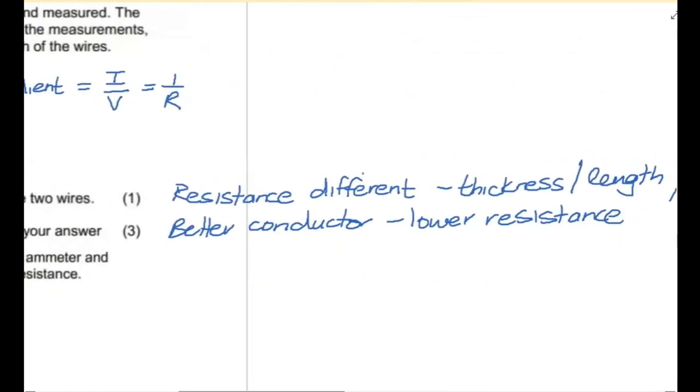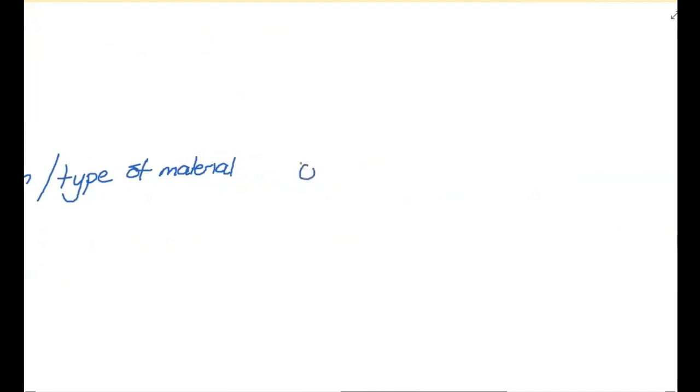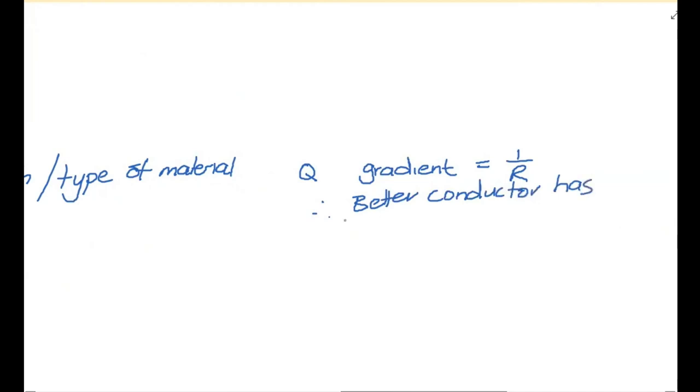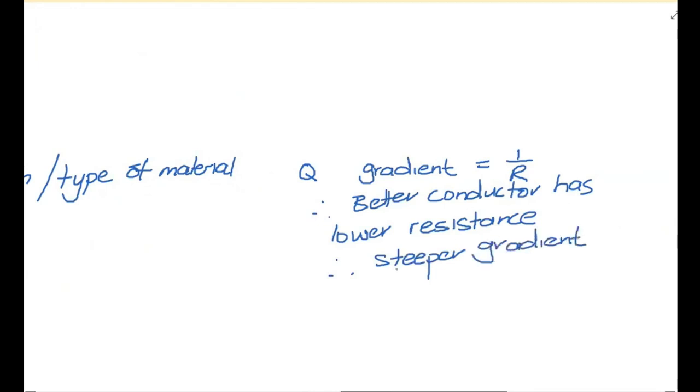So you would state that it's Q, and you would say that the gradient is equal to 1 over R. And you're going to have stated that a better conductor has a lower resistance. And therefore, the steeper gradient will have the lower resistance.